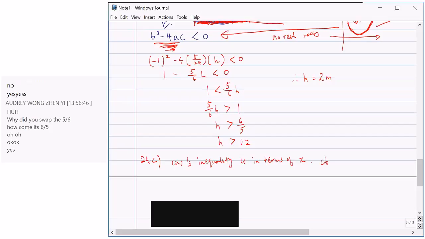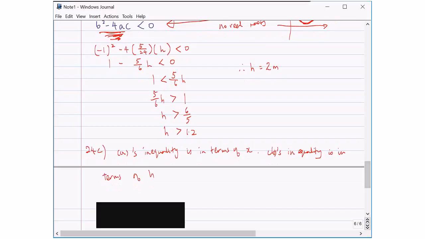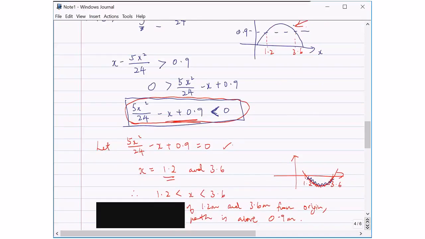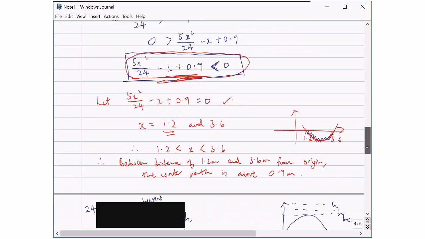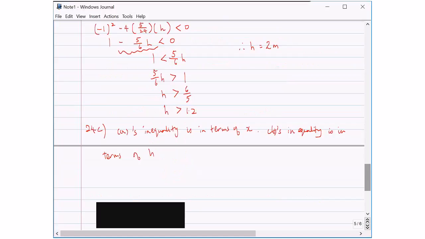Part B's inequality is in terms of h. Just like that. That was the answer given to me. Actually, I also don't know what's the point of asking that question. Okay, if you look at part A, our inequality was in terms of x. I scroll up. My inequality was in terms of x. See? Part B, our inequality was now in terms of h. Just like that.